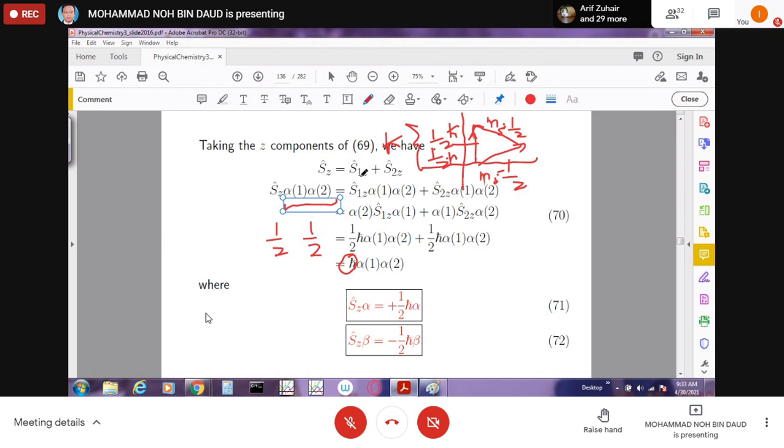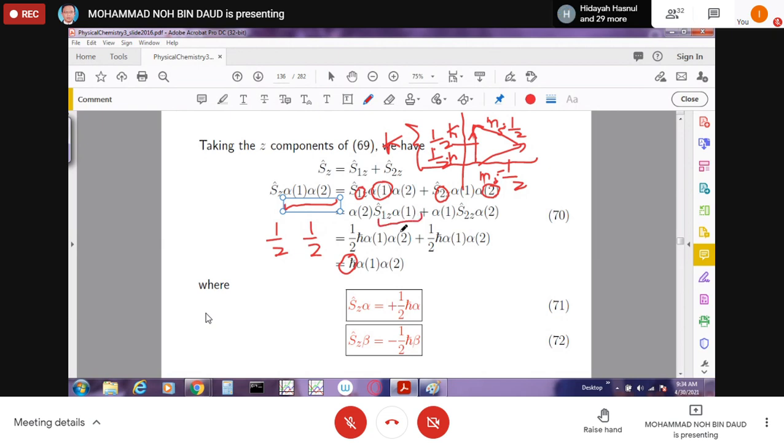We have these two components of the operator, one for electron 1 and one for electron 2. Electron 1 here acts on this electron 1 only. Electron 2 here acts on this 2 only. You learned this in physical 1. This operator, these are the eigenfunctions.